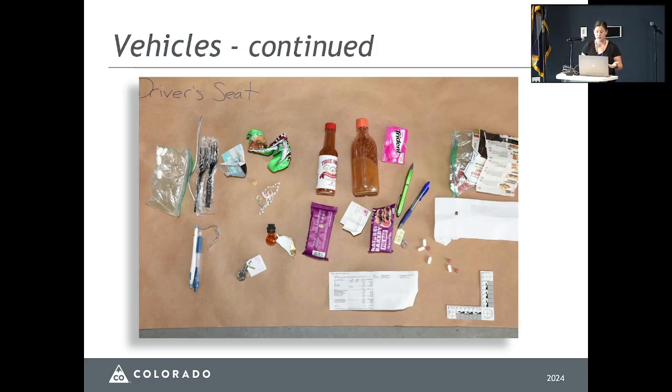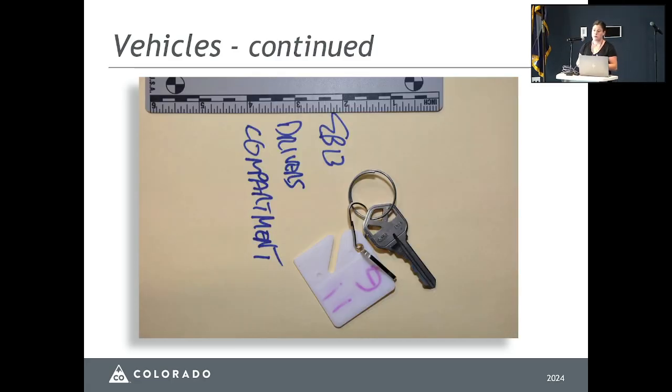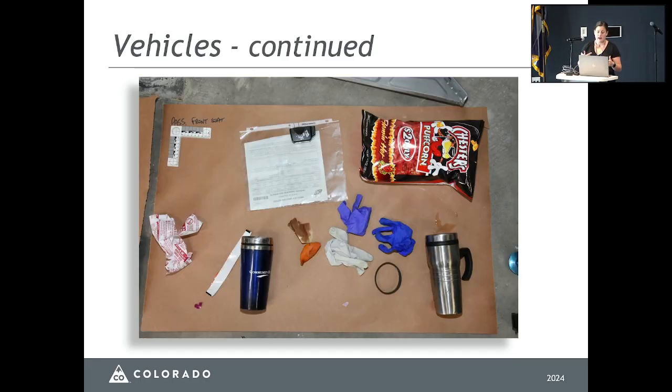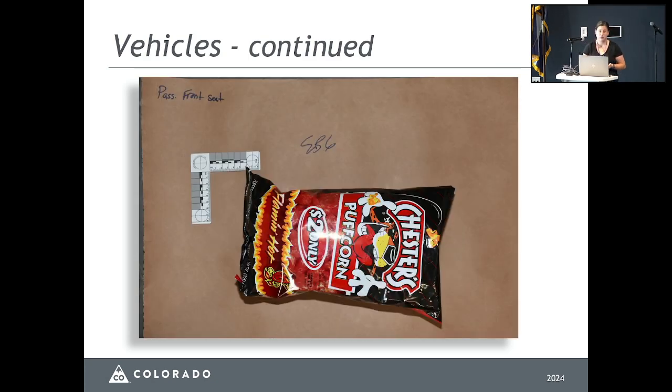Then from there, if there's something that I want, in this case those keys, I'm going to separate those out and get a close-up photograph of that. Same thing as you go through the entire car, as you go through the entire house. It's the same standard process and procedure. In this case, I wanted the Cheetos, so I'm going to do a close-up, and you can see that they added scale there.